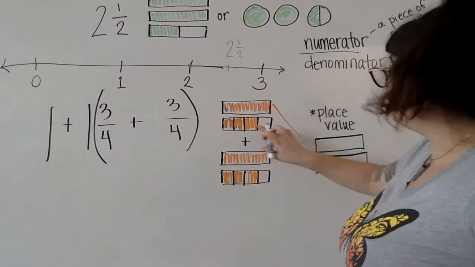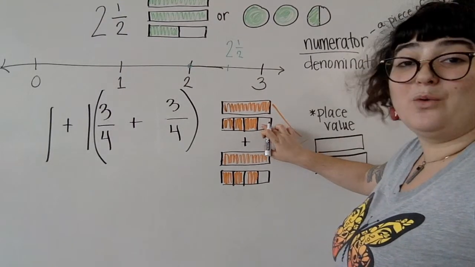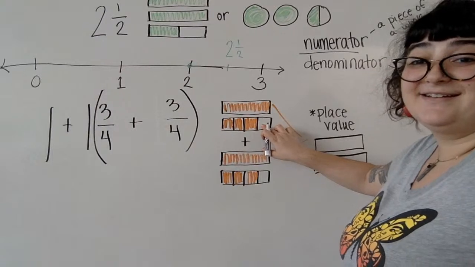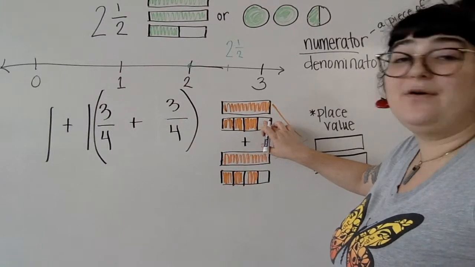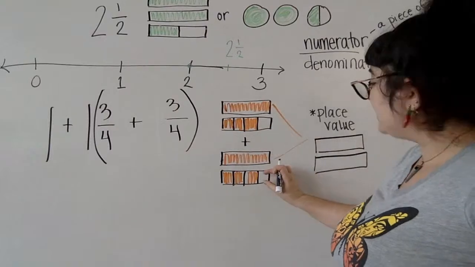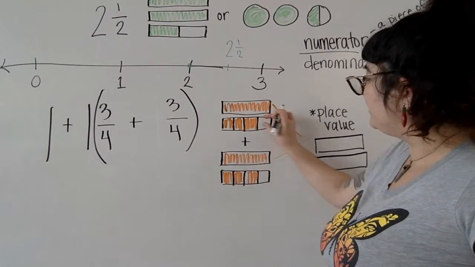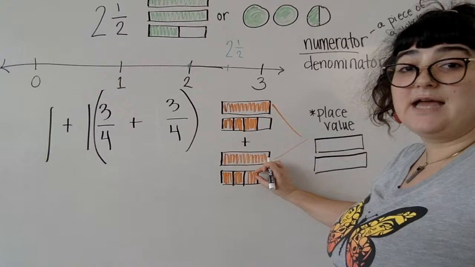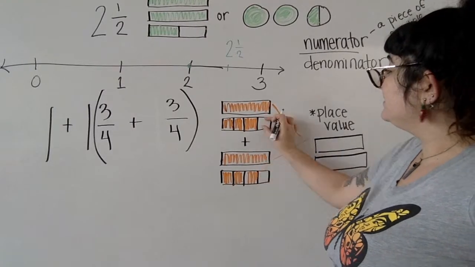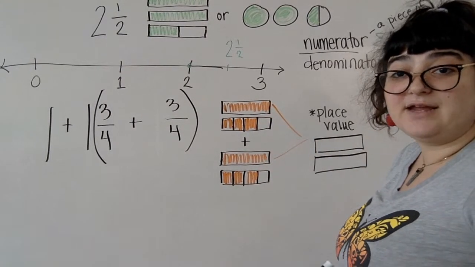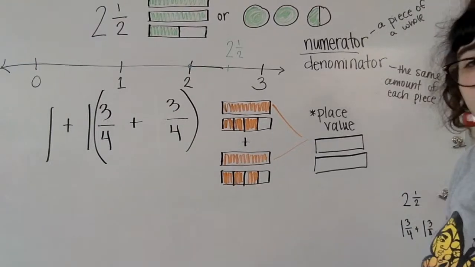Now, I also know I'm one more away from getting 1 whole. Is it possible for me to take away one of those fourths and give it to this 3/4 right here? Is that possible?